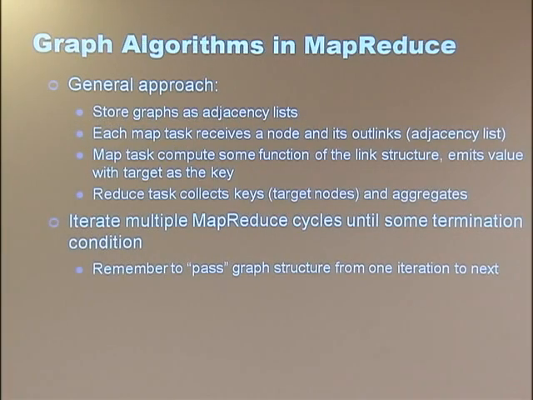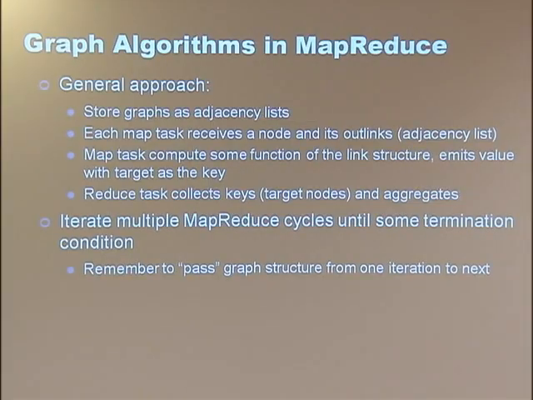So the general approach for dealing with graph algorithms in MapReduce, and I just talked about two examples, parallel breadth-first search and PageRank, is this. You store the graph as an adjacency list, and you map over the nodes and propagate your local computations along your outlinks. This is a computation that's some function of the link structure. In PageRank you pass PageRank credit on to the nodes that you're connected to.